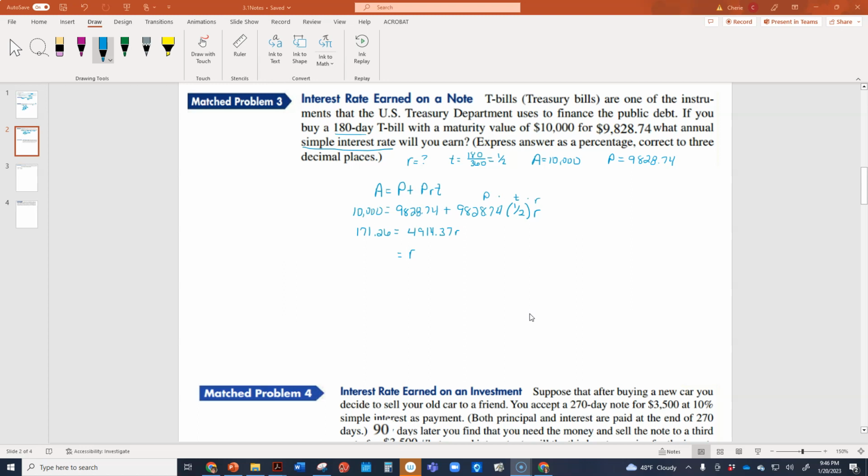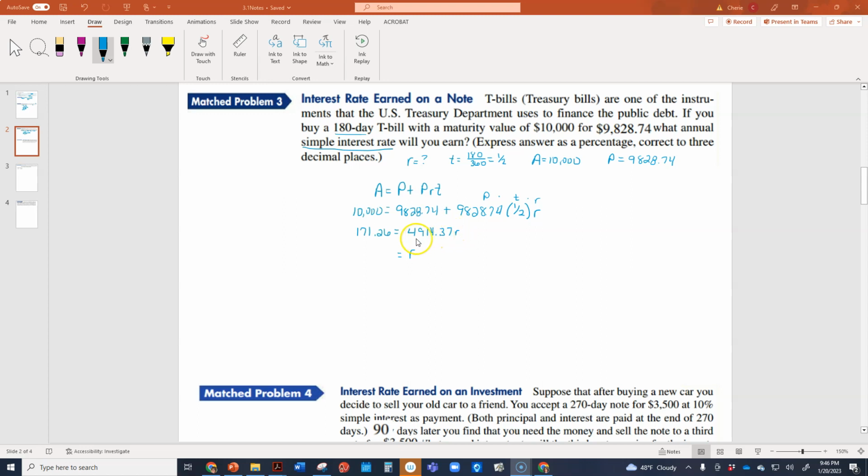Okay, so I did a little of the math that I subtracted 9828.74 from this side and from this side. 10,000 minus 9,828 gives me $171.26. I multiplied these two numbers together, and that's where I got the 4914.37 times R.